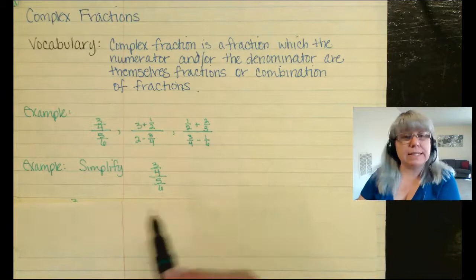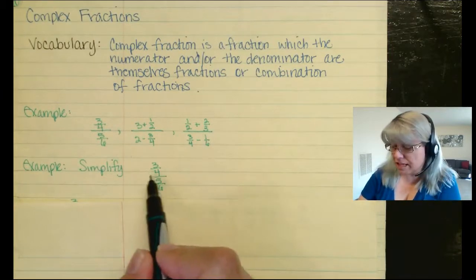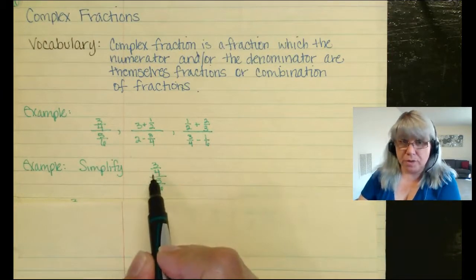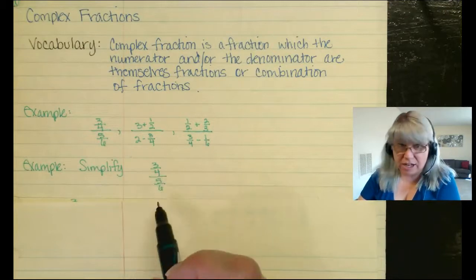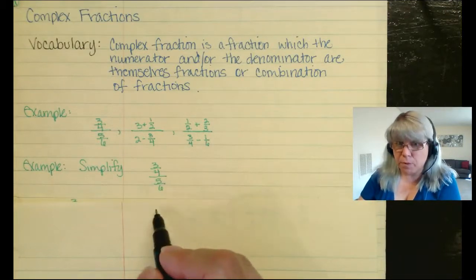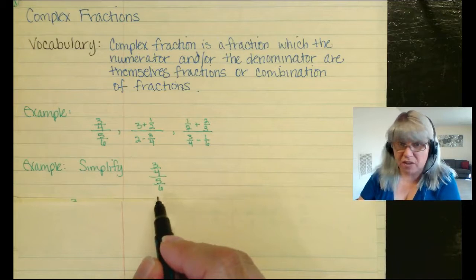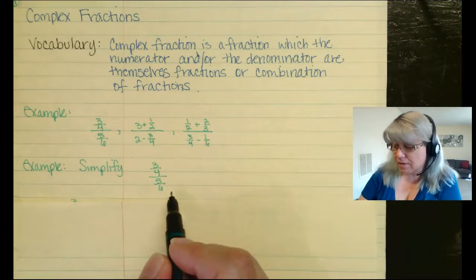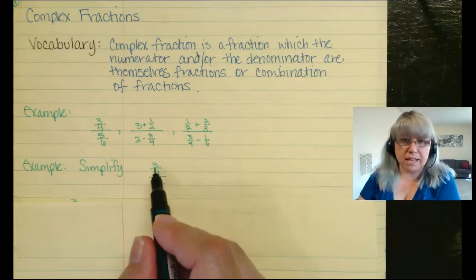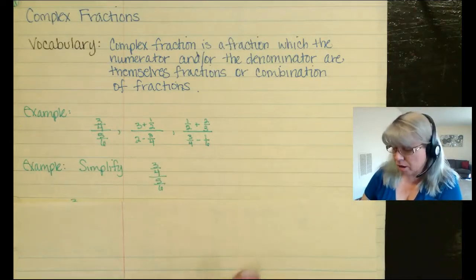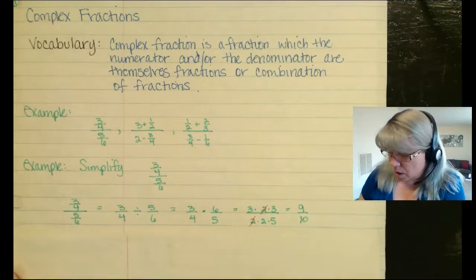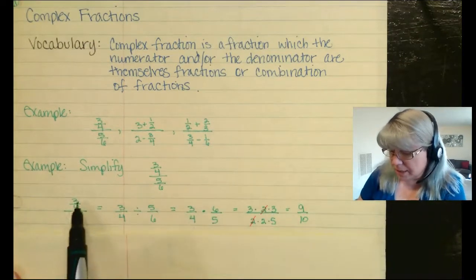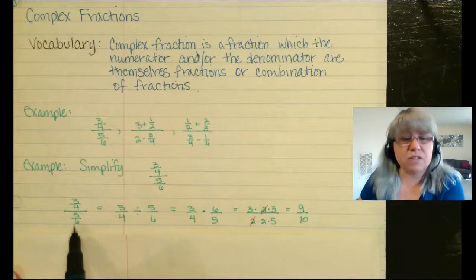Okay. When it's in a situation like this, we talk about the top number, which is the numerator of the complex fraction, and the bottom number, which is the denominator of the complex fraction. So we call it top and bottom, and then for those fractions we keep it as numerator and denominator. All right. Well, the top number is 3/4, the bottom number is 5/6.